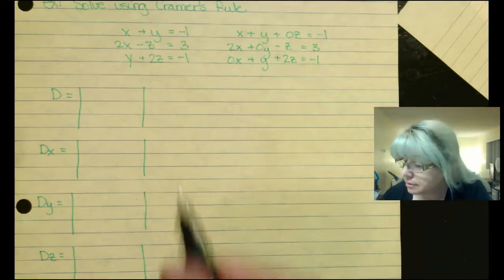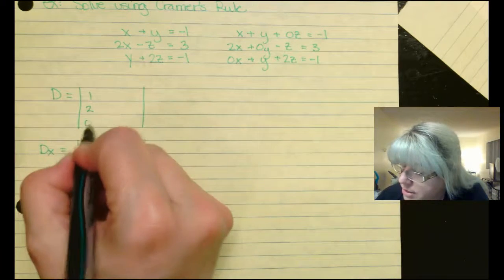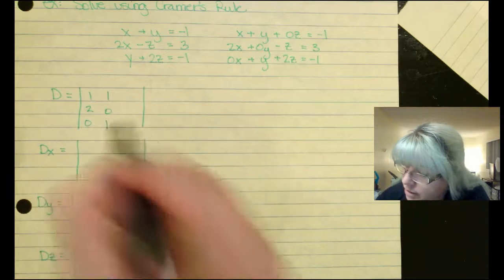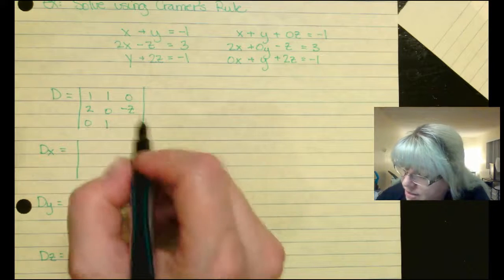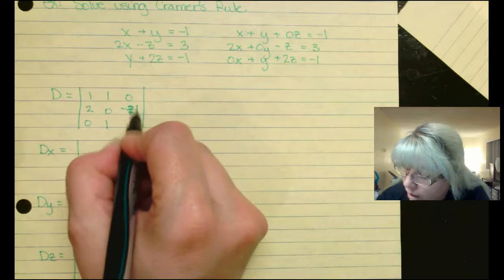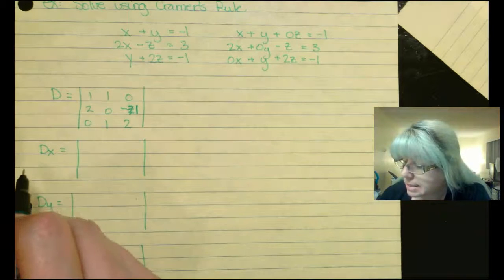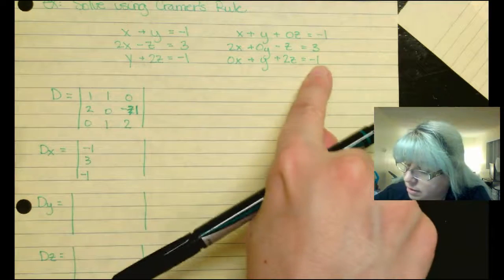So here's D. Again, cover up the last column. 1, 2, 0. Y's are 1, 0, 1. And Z's are 0, negative Z. Ooh, negative Z is not negative Z. It's -1 and 2. Dx is going to be -1, 3, -1.